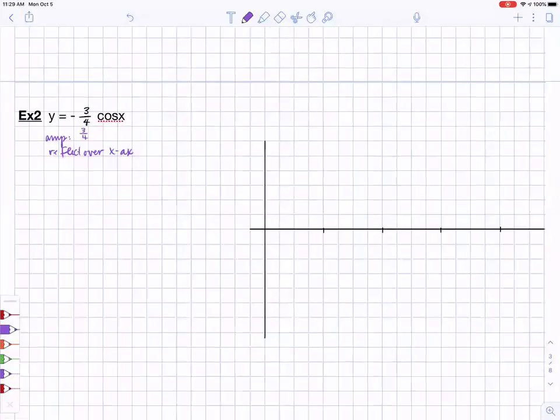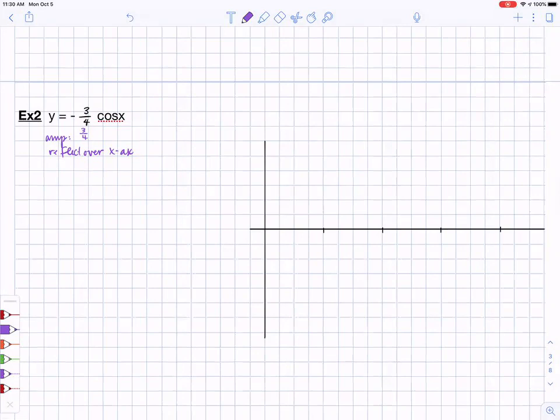Okay, so let's go through our 5 magic values first. Where does the parent cosine graph end? At 2 pi, and this guy, I'm not messing with the ending yet. I'm only stretching vertically or shrinking vertically, so I'm not messing with how far it goes before it starts repeating.